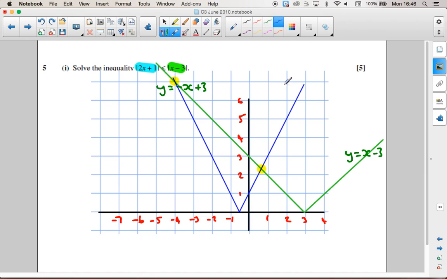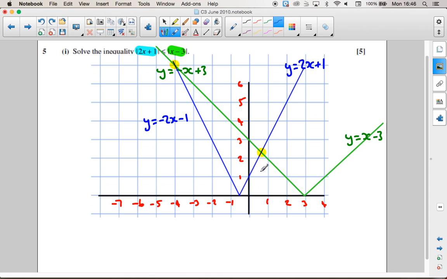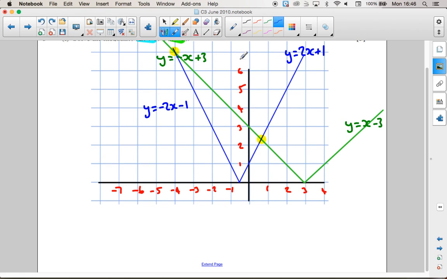These two blue lines, though, this one's the normal y equals 2x plus 1, but this one here is y equals minus 2x minus 1, again because it's the reflection of the line because of the modulus. So how do we find where these two sets of lines intersect?